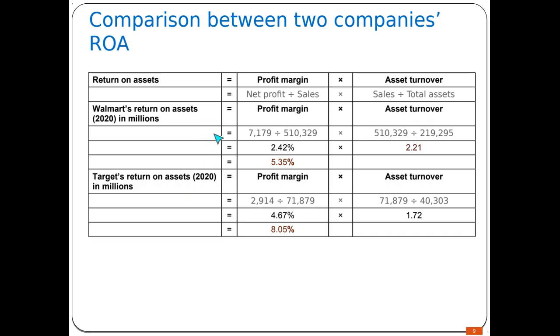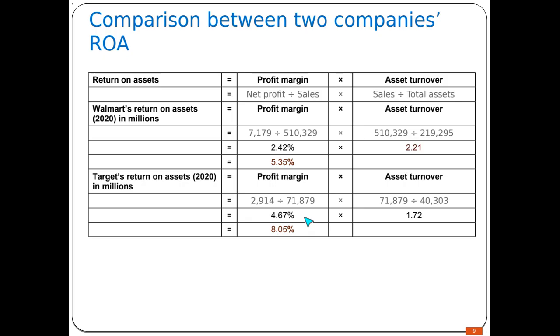So the first one, we have the profit margin, right? Which, as you remember, is net profit divided by sales. And we have the number is 2.42, okay? And the asset turnover is, for the same company, 2.21.